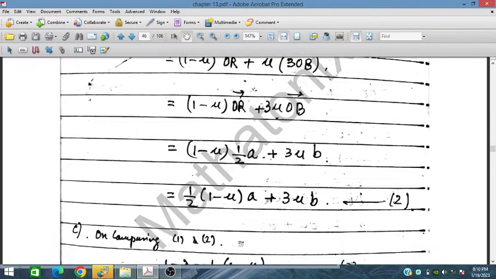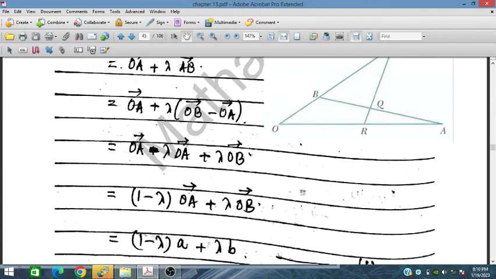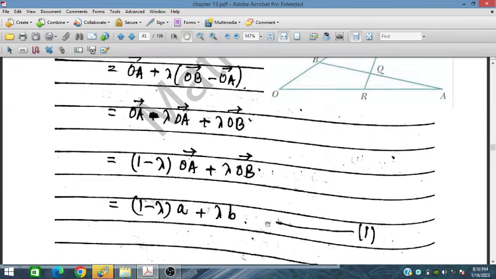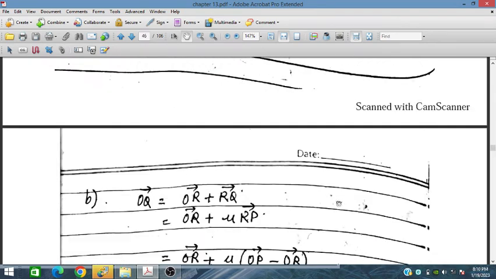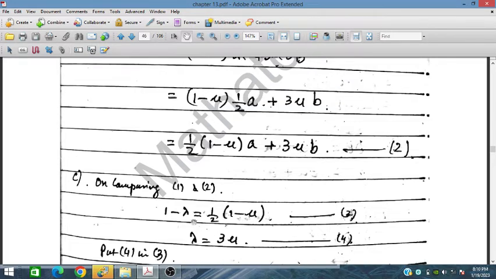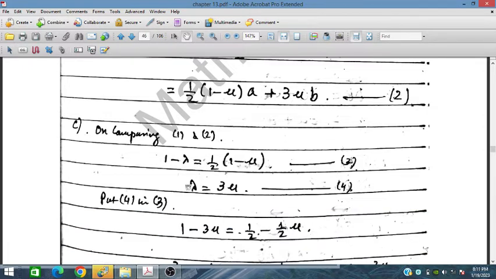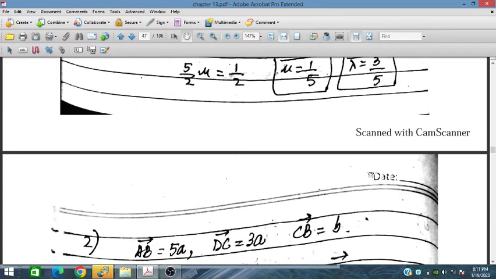On comparison, the coefficient of vector a is equal to 1 minus lambda, and the coefficient of vector b is likewise compared. These two equations are formed, and by solving them simultaneously we obtain mu equal to 1 over 5 and lambda equal to 3 over 5. This is the solution, and this is a very important problem.